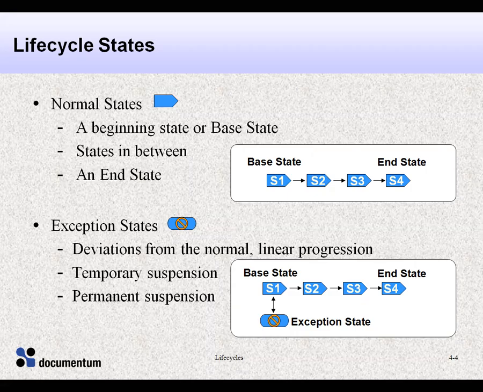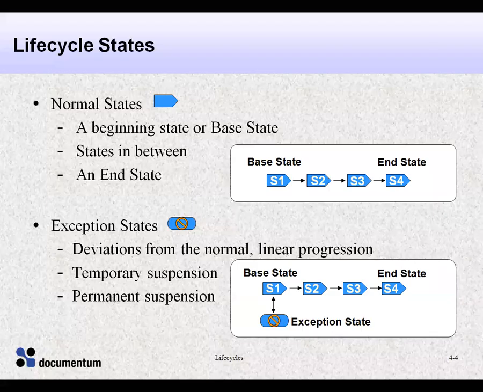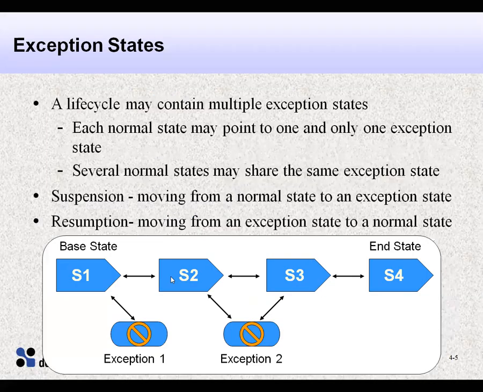We cannot initiate an approval workflow or review workflow on a rejected document until all the rejection reasons are handled. This exception state is called a suspension state, and it could be permanent or temporary. We could have one or more than one exception state.